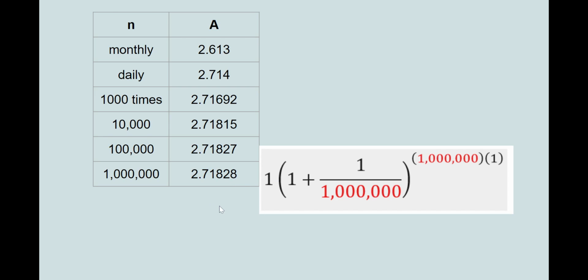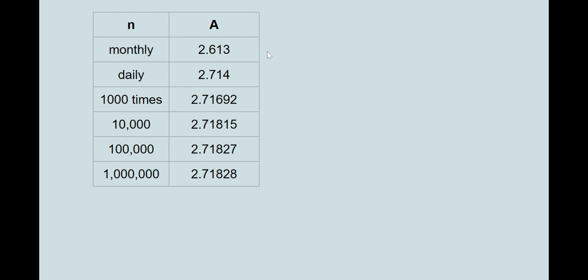So it seems like the more times you do it, the more money you should make. But if we really look at what's happening to this number, back when we did it daily, as in 365 times in a year, you made basically $2.71. And then at 1,000 times a year, you're still making $2.71. That one would round to a 2, I guess, because the next number was 6.